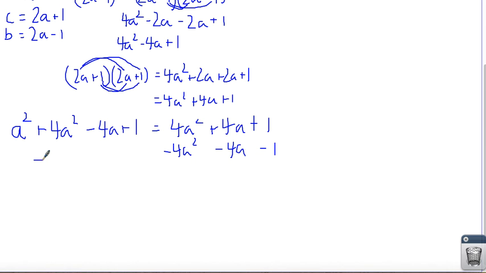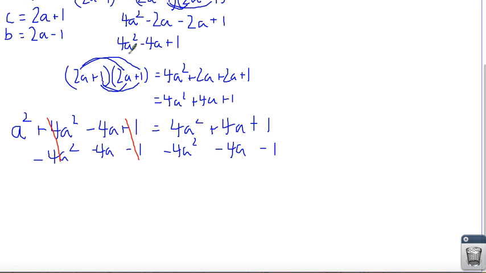So when I subtract the 4A squared, that's going to make this part go to 0. And then subtract 4A, subtract 1. So notice the 1's go to 0, and the 4A squareds go to 0. You could have, of course, added A squared plus 4A squared to get 5A squared. You would subtract 4A squared and end up with the same result.